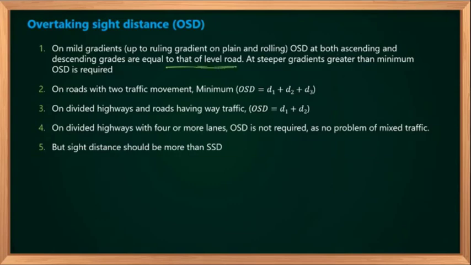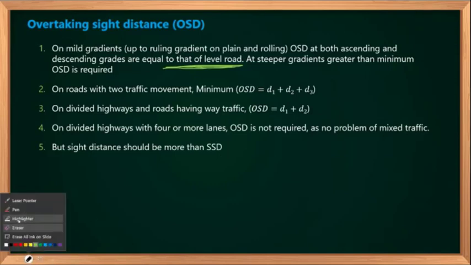So we are not considering anything about gradients. But at steeper gradients, you have to provide a little greater OSD, that is, D1 plus D2 and D3 when you add will give more value.